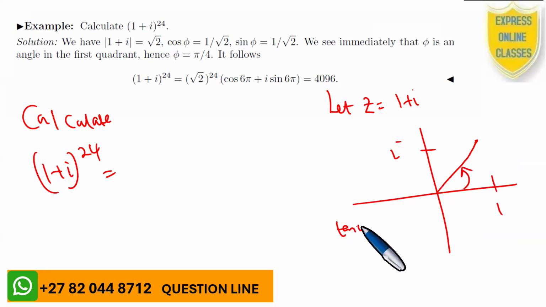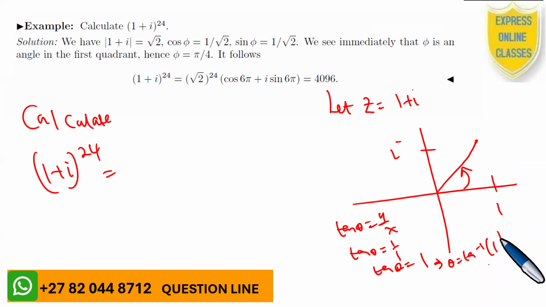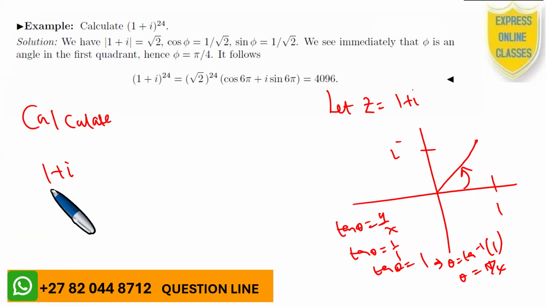So that the tan of theta is y over x. Tan of theta is 1. Then here you're going to use your arctan 1, which is pi over 4. So now start with the number 1 plus I. It is r cosine theta plus I sine theta.